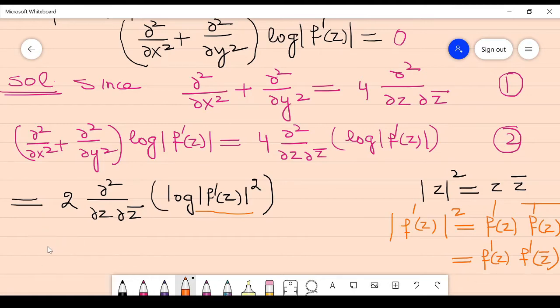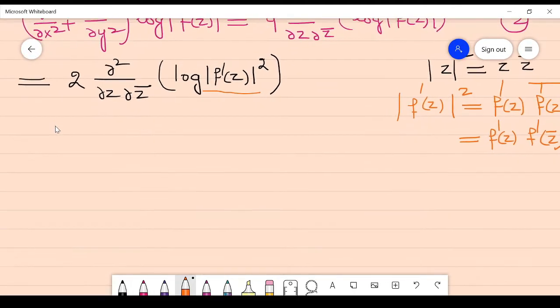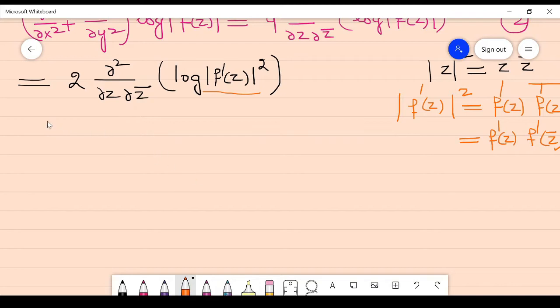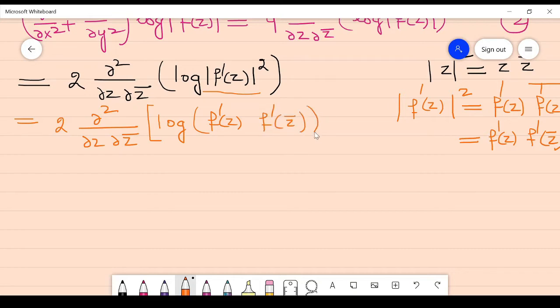If this value can be written in this form, then this equation can be written as 2 ∂²/∂z∂z conjugate, bracket, log of bracket f dash z into f dash conjugate of z, in this bracket.